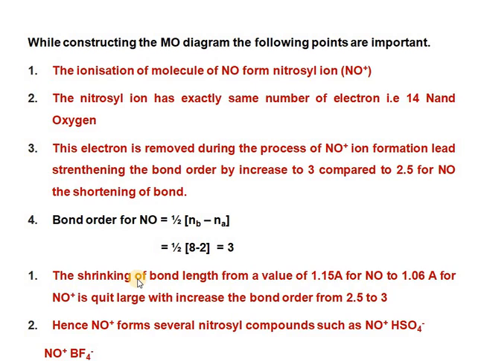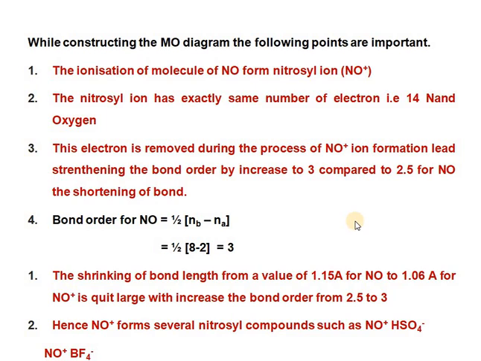Nitric oxide is expected to be less stable, but due to the presence of an unpaired electron in one of the antibonding molecular orbitals, the unusual stability may be due to the charge of the unpaired electron being distributed over both atoms in the molecular orbitals.